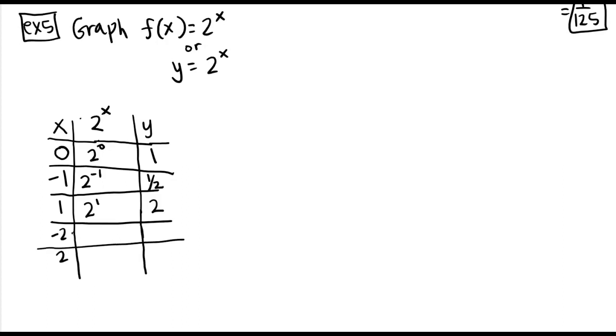So 2 to the negative 2 power is telling you to flip it and then square it.